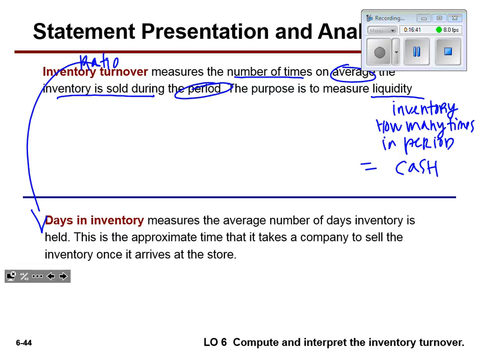Now we can sell based on AR, but AR ends up being cash. So basically, how many times can I sell this trinket, get it as liquid as possible, or turn it into cash in a year?